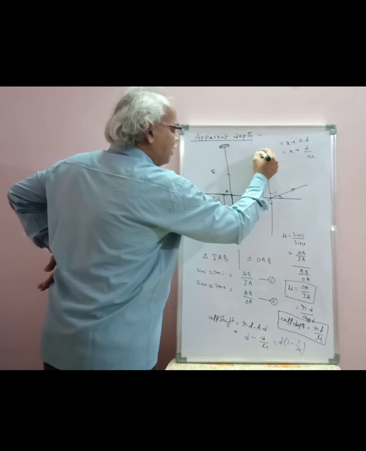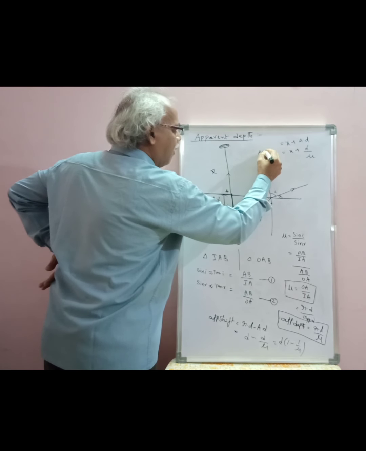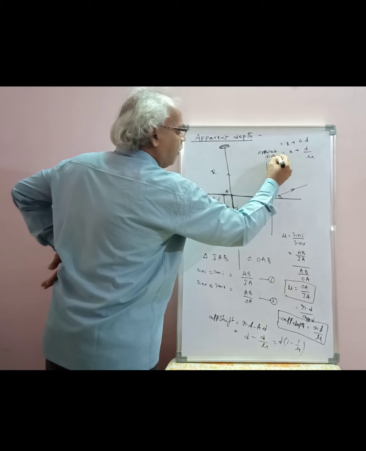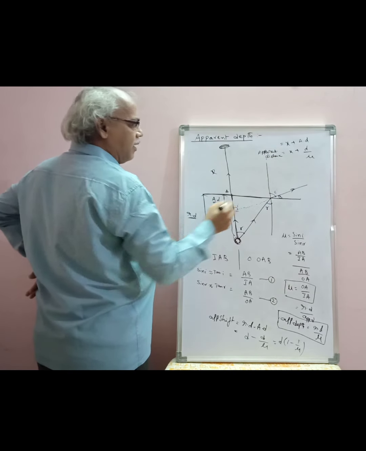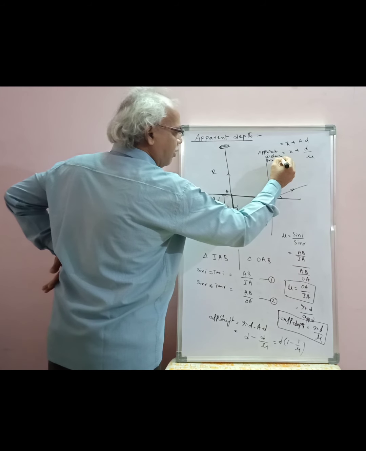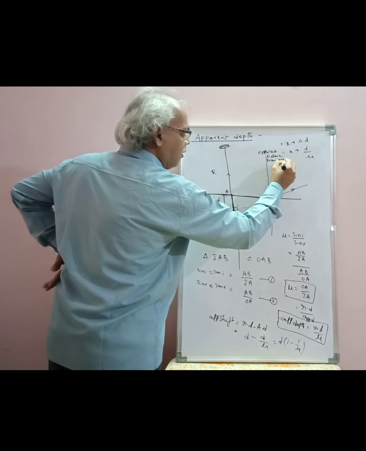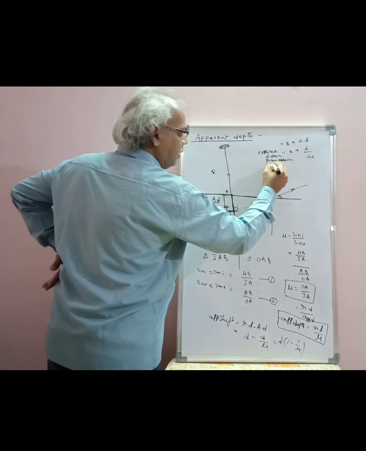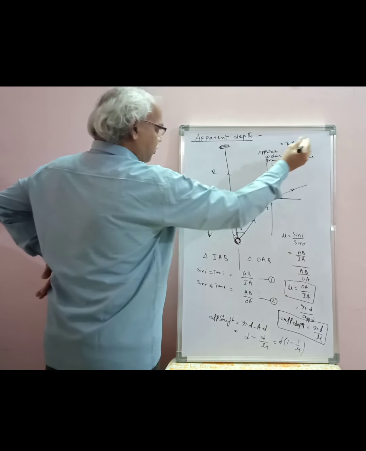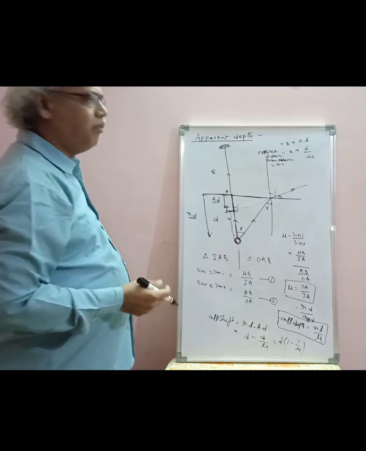The apparent distance from the observer in air is equal to x plus d by mu.